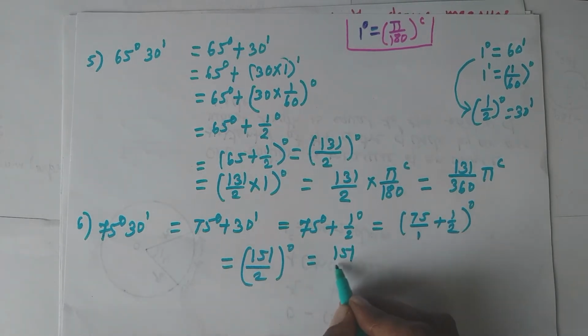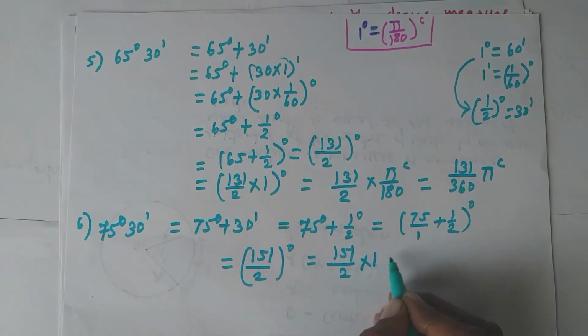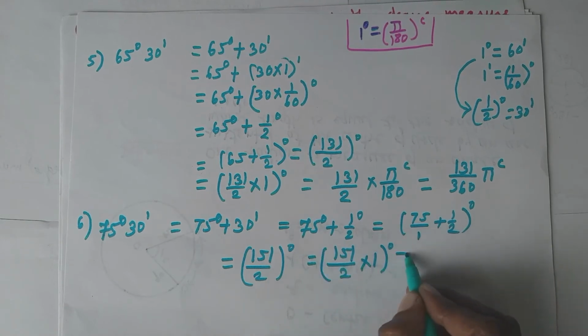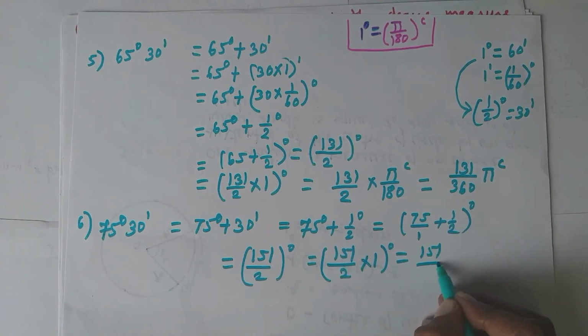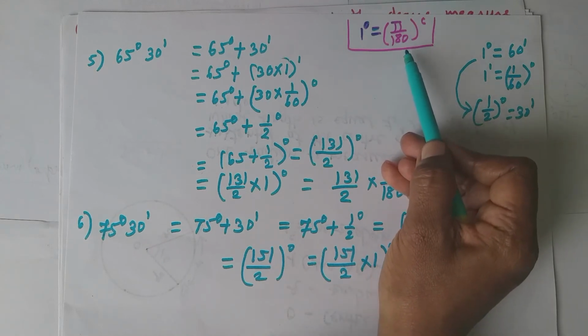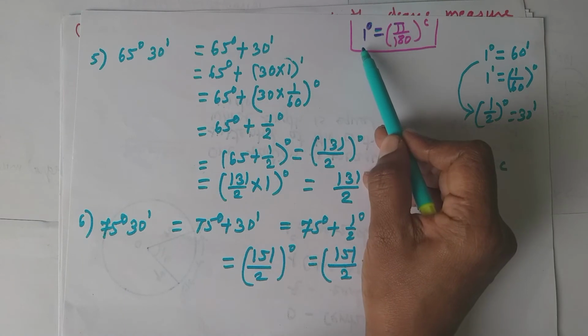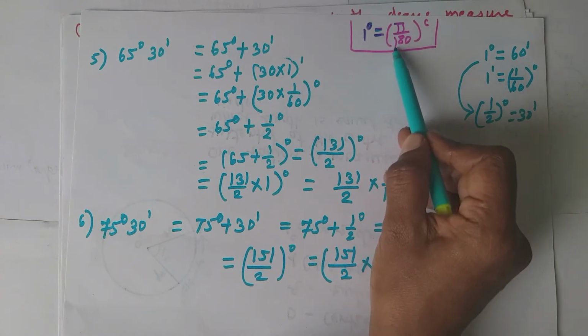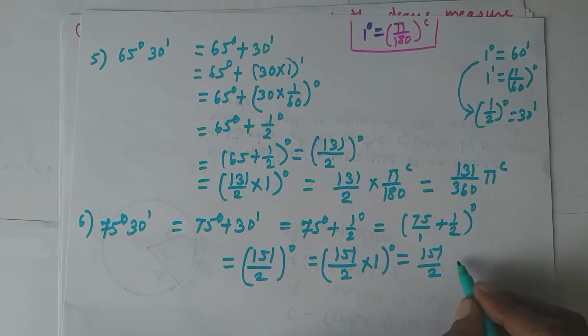Again this can be written as 151 into 1 times, and keep the value of 1 degree, that is pi divided by 180 radians. We have to convert the angle into radians. Therefore, this 1 degree can be written as pi divided by 180 radians.